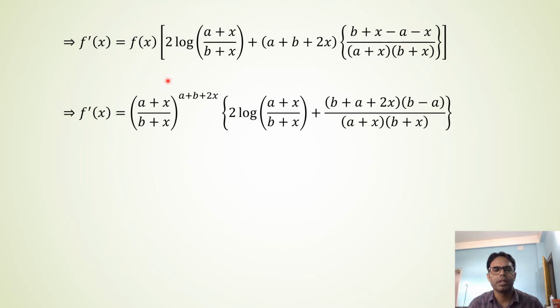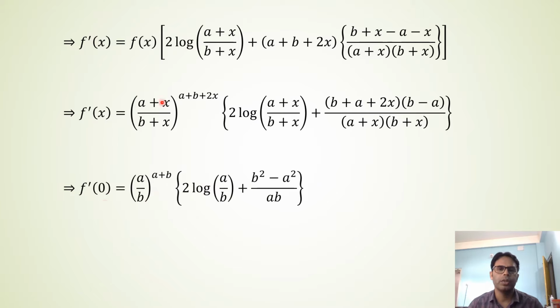So this term is the value of fx, because fx should be replaced here. So this is the expression given in the question as fx. This 2 times of this remaining same, plus x is cancelled, so b minus a divided by this total term. Then you put x 0, because you have to prove for f dash 0.